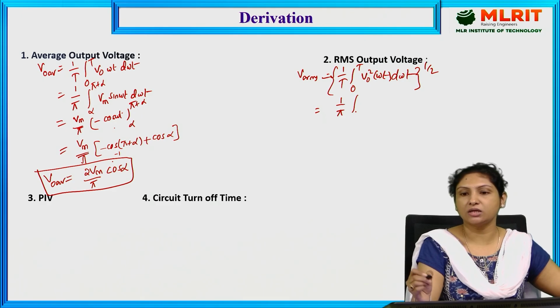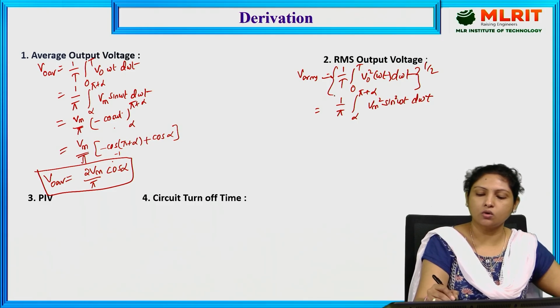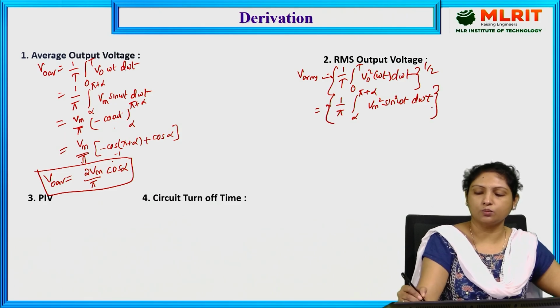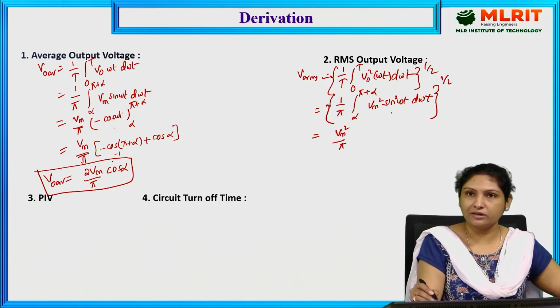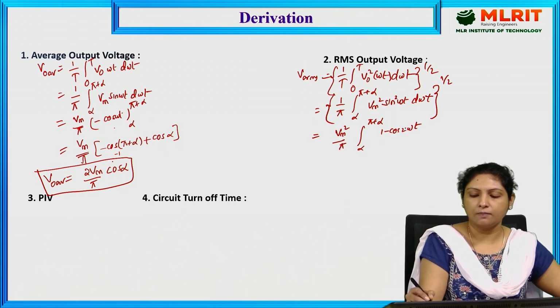It is actually conducting from alpha to pi plus alpha, where V0 is equal to Vm squared sin squared omega t d omega t, whole to the power of 1 by 2. And here Vm squared by pi is constant, bringing it out. In order to integrate sin squared omega t, let me write it in this form, 1 minus cos 2 omega t by 2, whole to the power of 1 by 2.